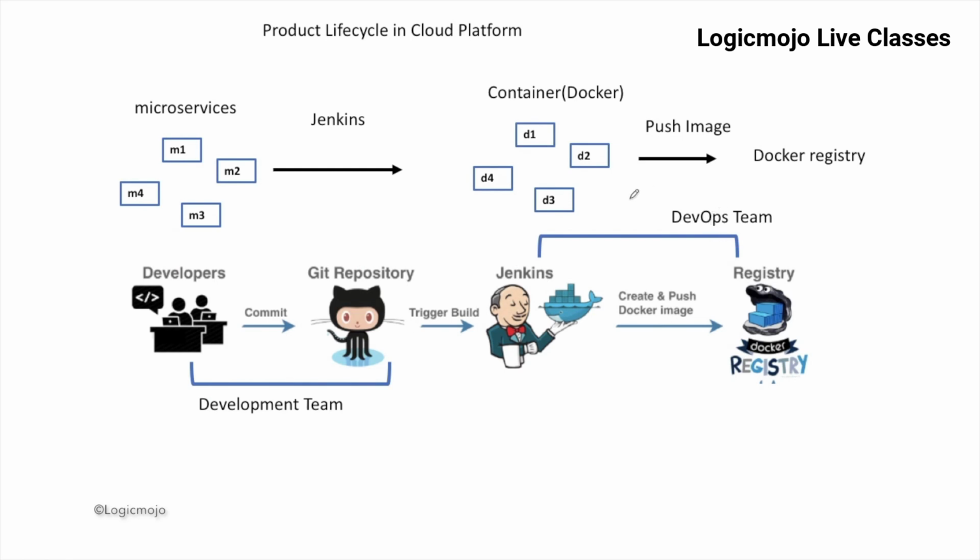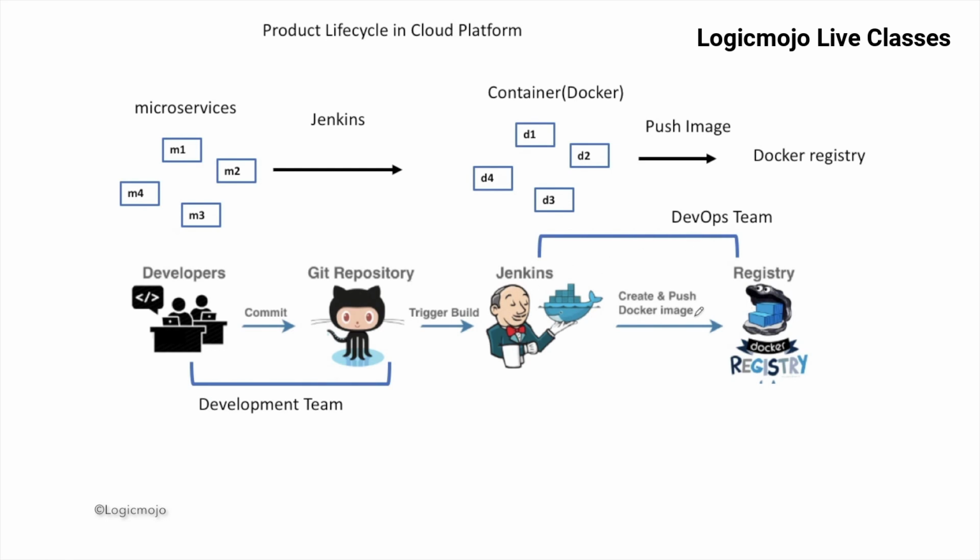Most industries have these two separate teams. Sometimes only one developer will take care of the end-to-end life cycle of a product. It means he needs to develop it, push the changes into the Git repository, write the Jenkins jobs to build those images, and then push them into the Docker registry. But mostly there are different teams.